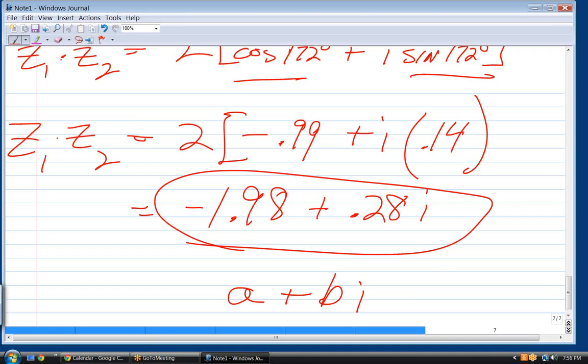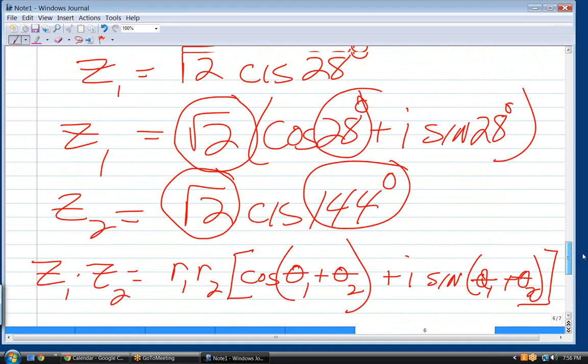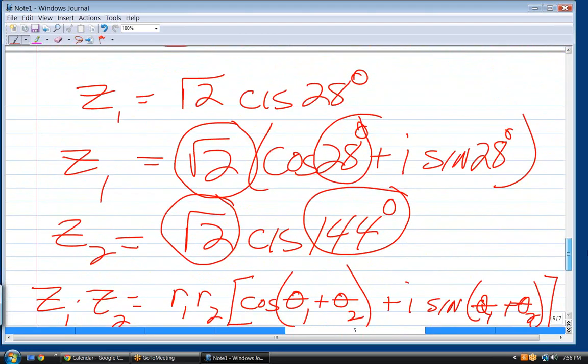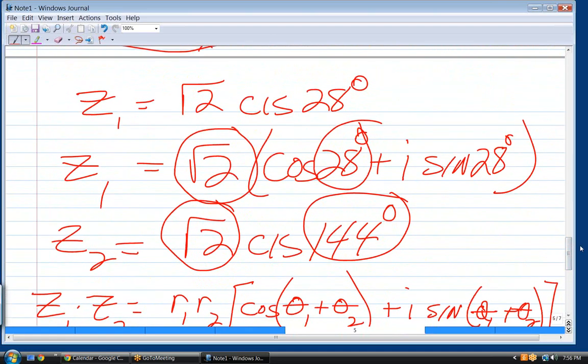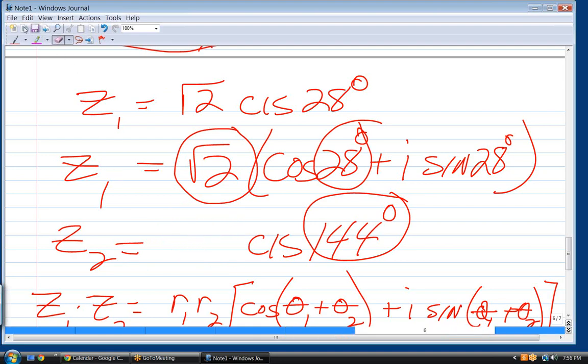None of those are the answers that were available here. Read the problem again from the start. If Z1 equals root 2 CIS 28 degrees, and Z2 equals negative 3 CIS 144 degrees. I put Z2 is equal to root 3 CIS. You said, give me Z2 again?